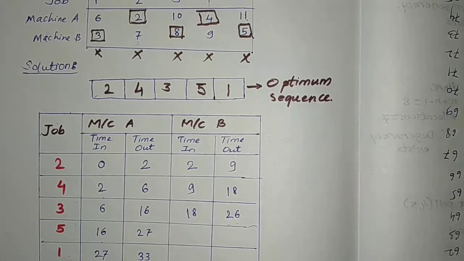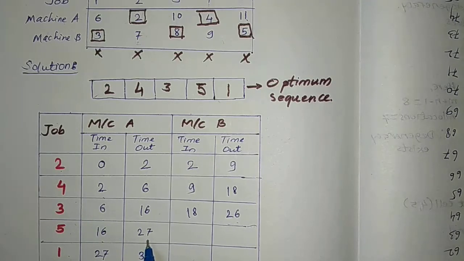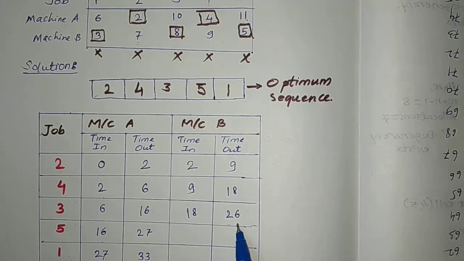Now, if you observe here, job number 5 will be available for processing on machine B after 27 hours, but machine B will be ready by 26 hours. That means machine B will wait here for 1 hour.